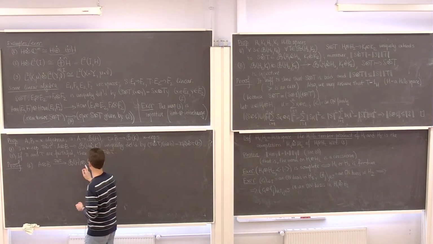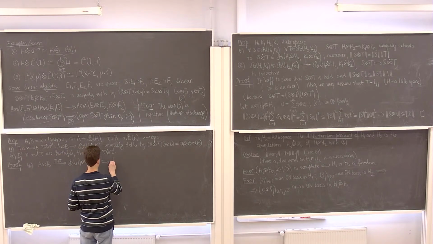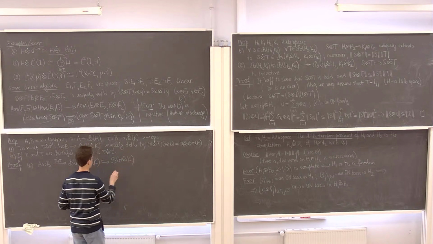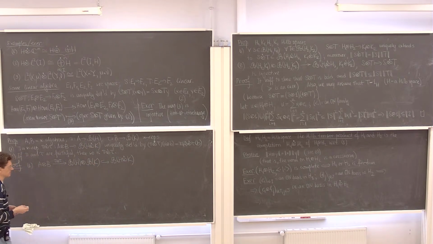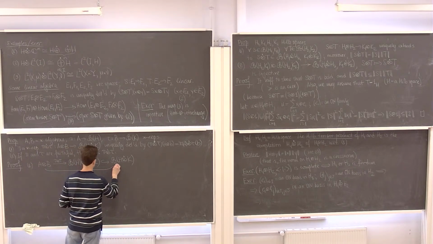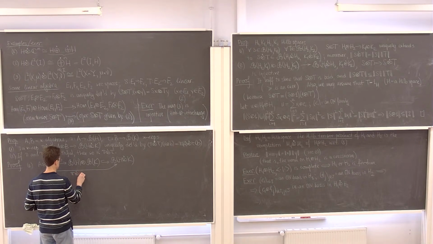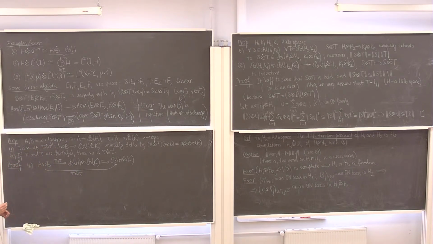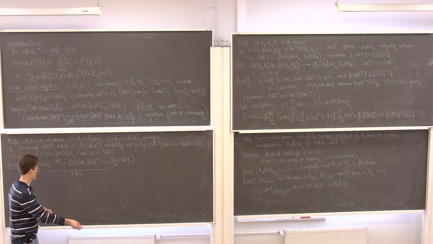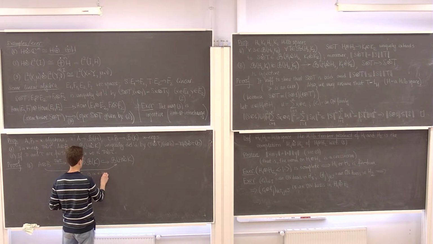This space, by the previous proposition, is embedded into the space of bounded linear operators on the Hilbert tensor product. And we simply look at the composition, and we see that this is exactly what we are looking for. So this is a star homomorphism, clearly.